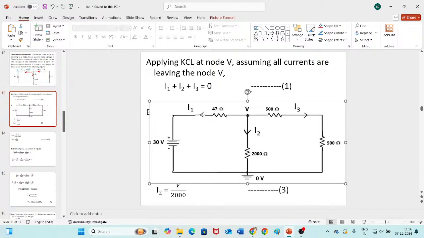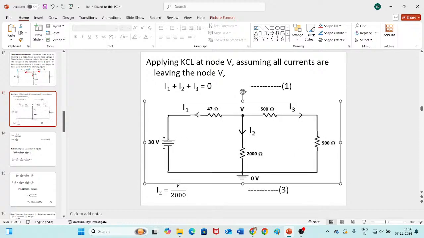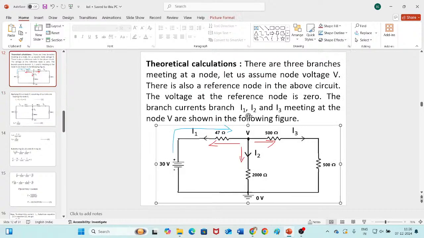Even though I know that current will start to flow from the 30 volts voltage source towards this junction, or node V, I have assumed the I1 current in the opposite direction. As I have already mentioned, you can assume the current direction in the given circuit at the junctions or nodes on your own wish. You can assume all the currents entering the junction, all the currents leaving the junction, or some entering and some leaving.